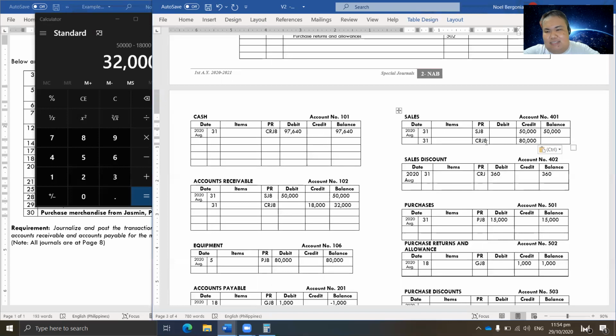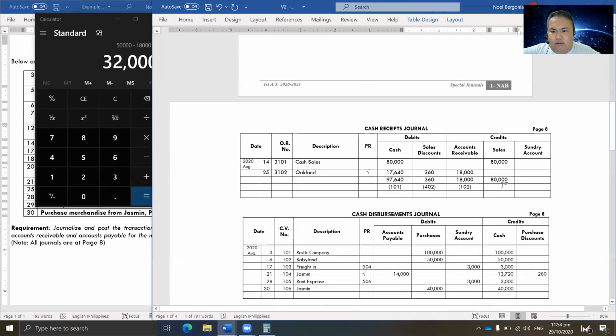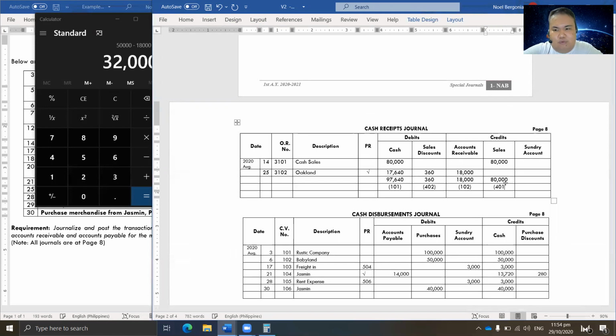And may balance tayo previously na 50,000. So the total now will be 30,000. Very good. And then, balik ulit tayo, 401 po yung account number. So balik tayo dito, then it means 401. Tapos na nating i-post yung sales account natin. So actually, we're done with the cash receipts journal.